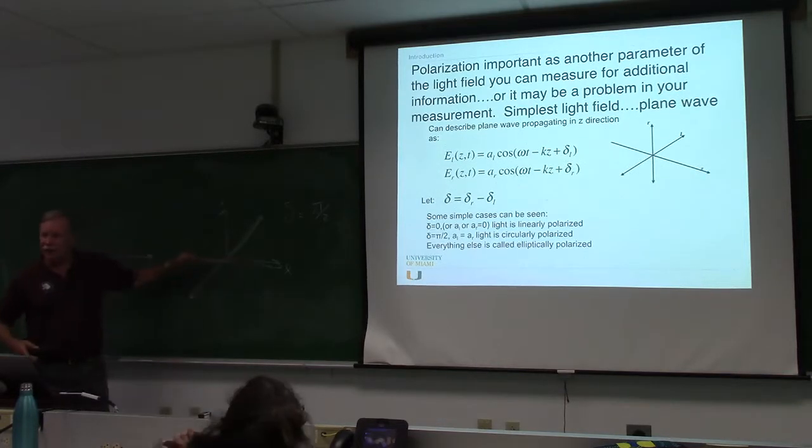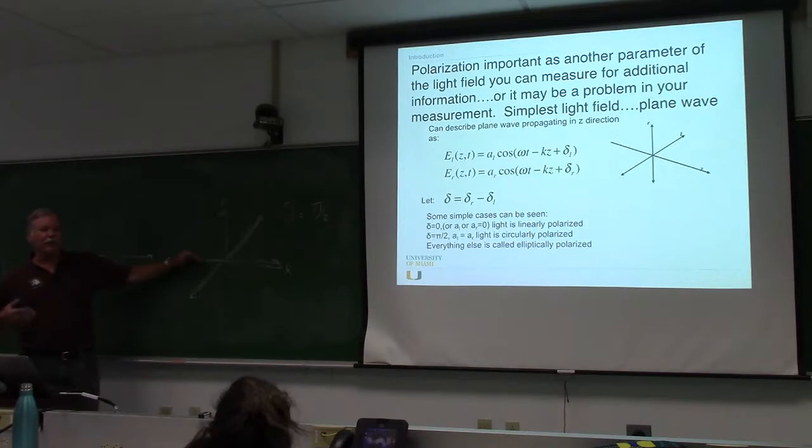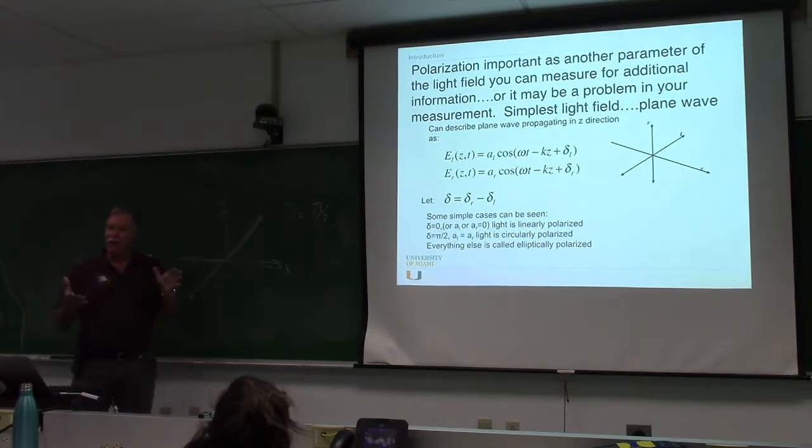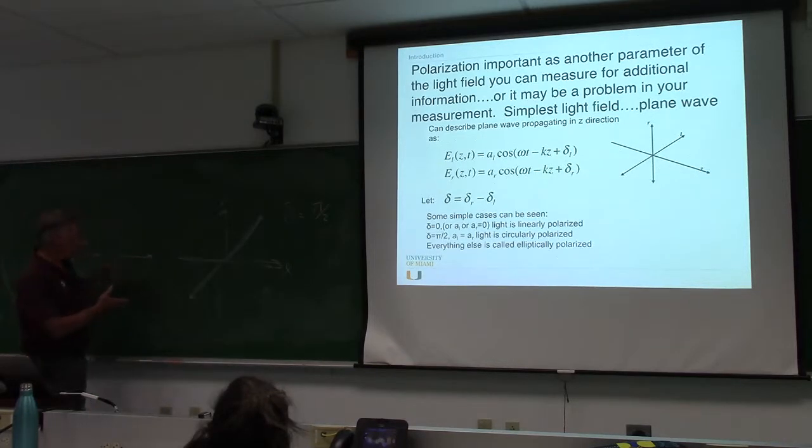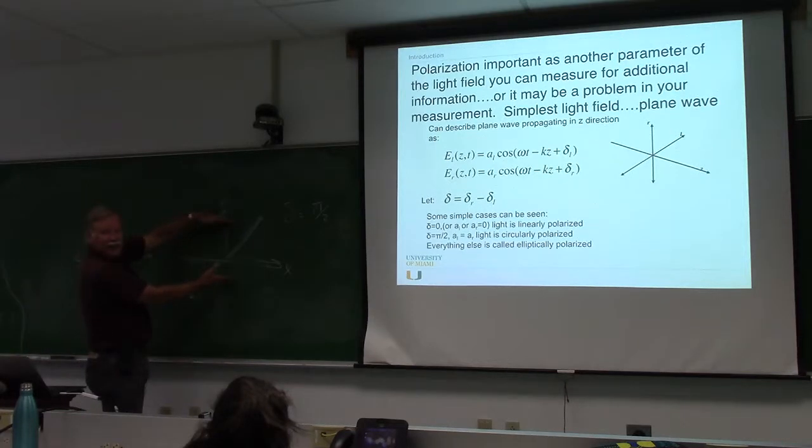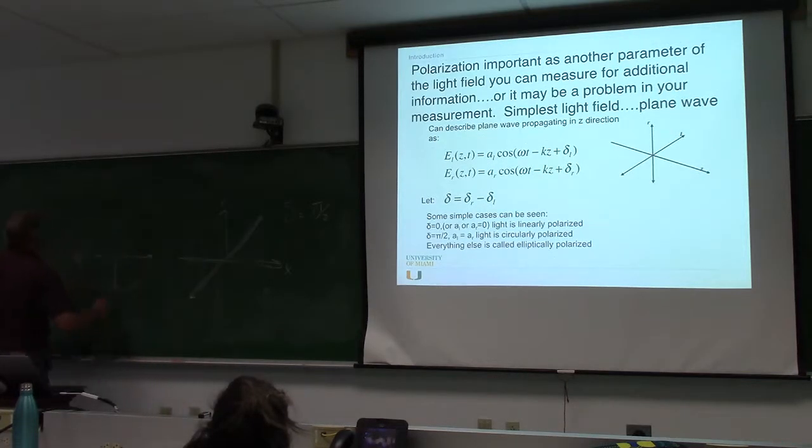This is all linearly polarized. In general, light would be what we call elliptically polarized. If you have polarization, the most general case is a combination of some circularly polarized light and linearly polarized light, so that if you look at the electric field vector, so here's our L and here's our R, as time goes on, the tip of the electric field vector could go like this and rotate around.